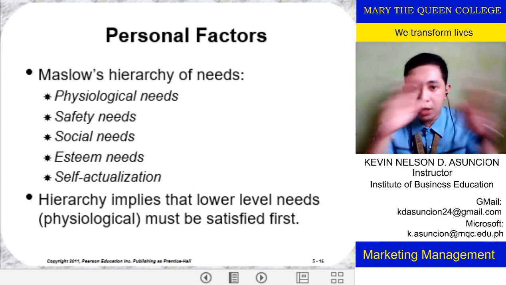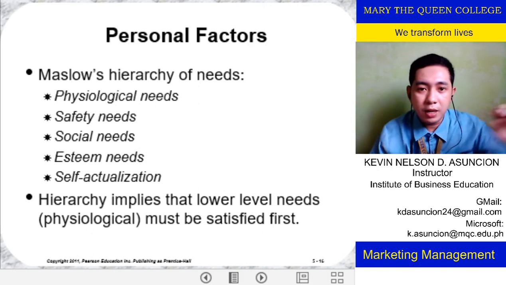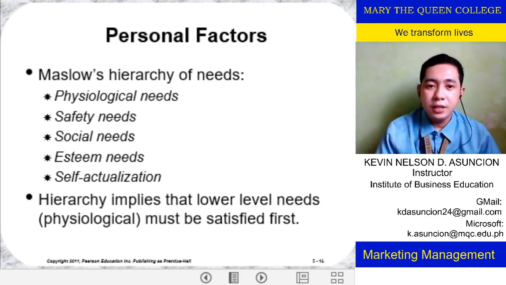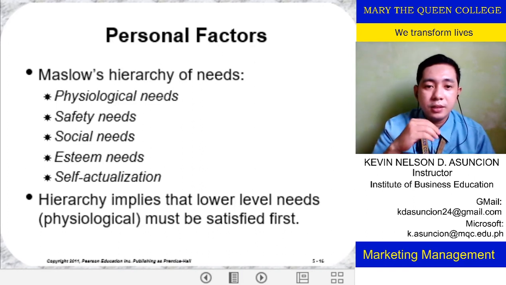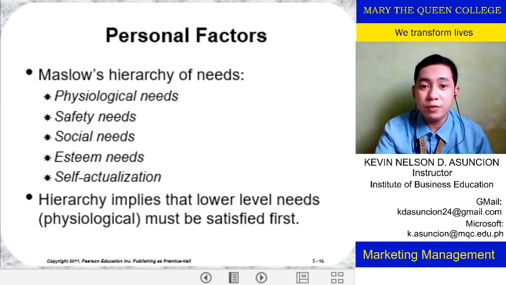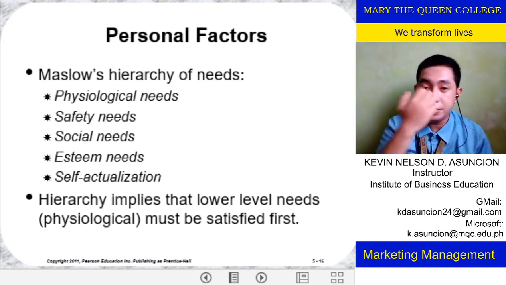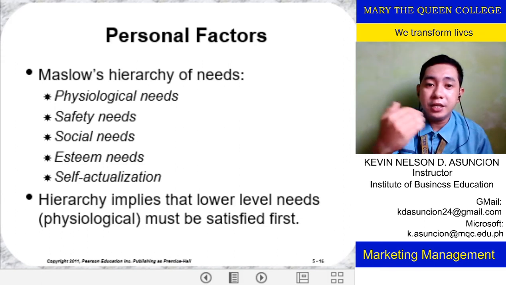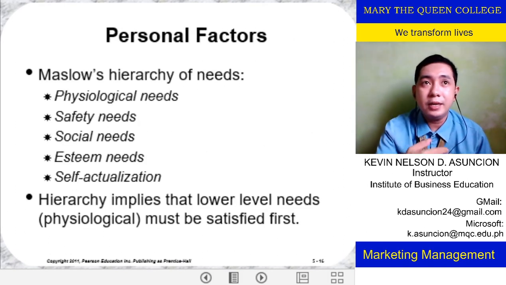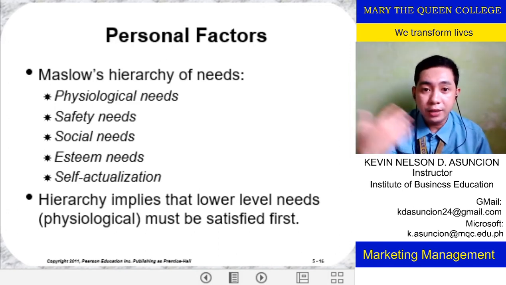But dito pwede nating mapagtahi-tahi yung mga nabanggit kanina. That the Maslow's hierarchy of needs tells us that we need to satisfy first the physiological need. What do we mean by the physiological needs? Your physiological needs means the survival needs. No, ibig sabihin you may not be able to survive without this. That's the food, clothing, shelter, and the likes.